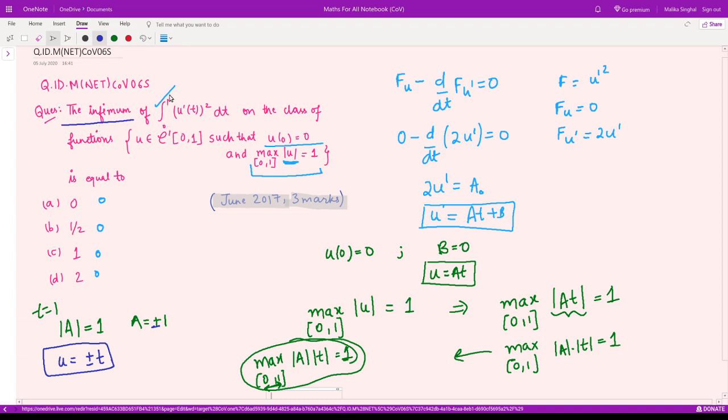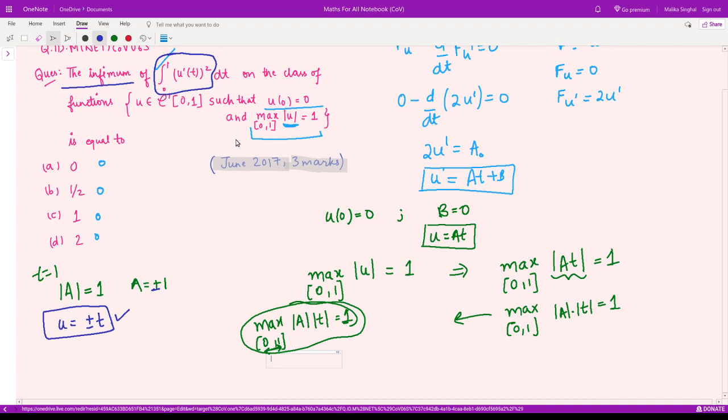So that means I have to find the value of this functional for the curve u is equal to plus minus t, right? So let us do that. If u is equal to plus minus t, then u' would be plus minus 1. So let's put these values in the functional, integral from 0 to 1 of (u'(t))² dt.